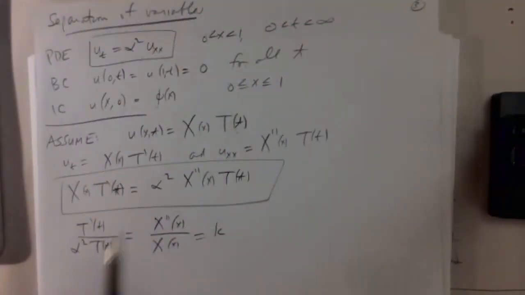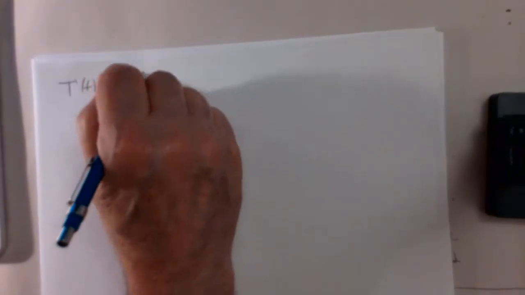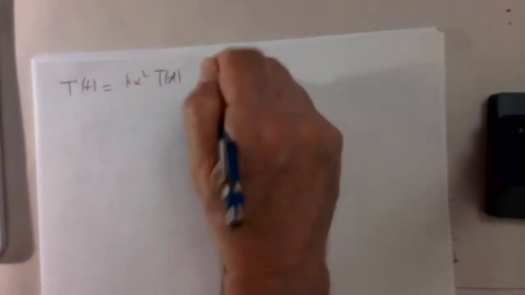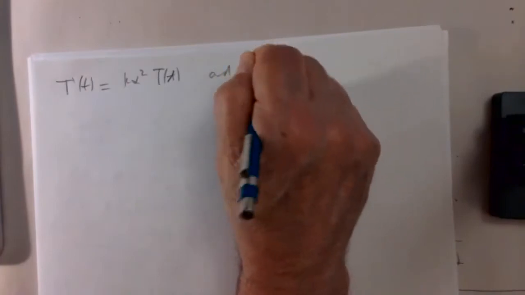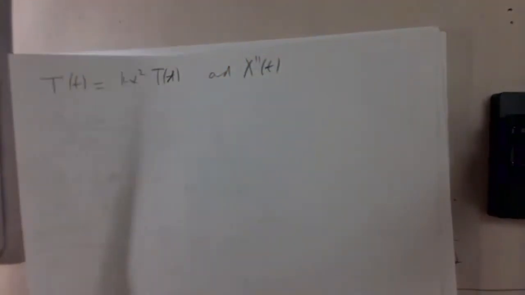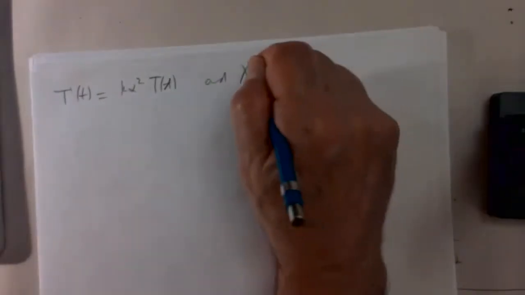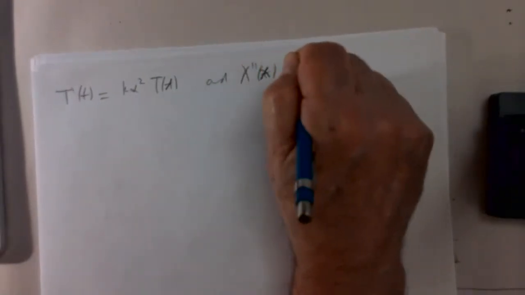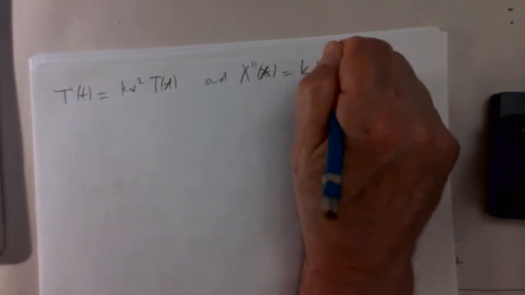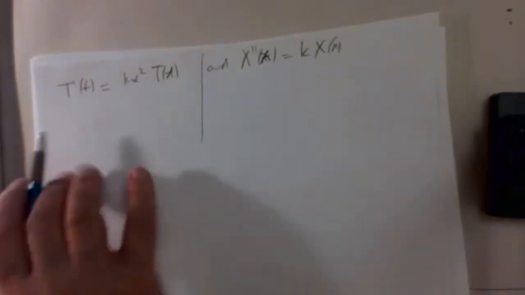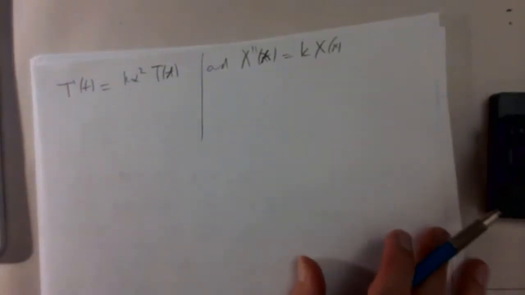So this gives me two ordinary differential equations. T prime of t equals k alpha squared T of t, and X double prime of x, excuse me, equals k X of x. Now, we can solve this differential equation.